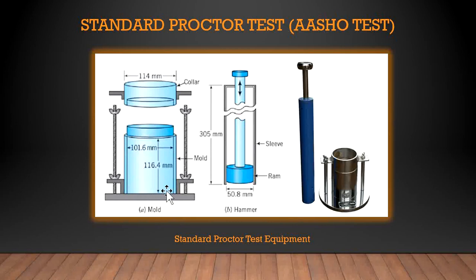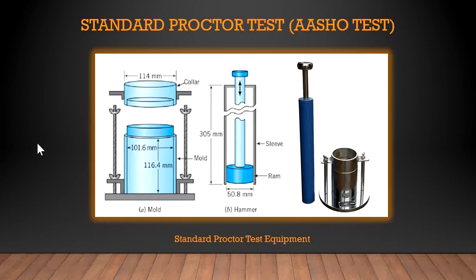Here the height is given as 116.4 mm, and in some reference books it is given as 117 mm. So while talking, I am going to give the dimensions as given in the reference books. This diagram is also from a reference book, but in some books the values are rounded.